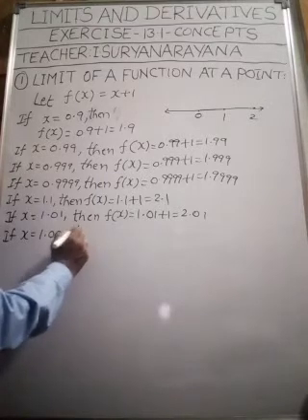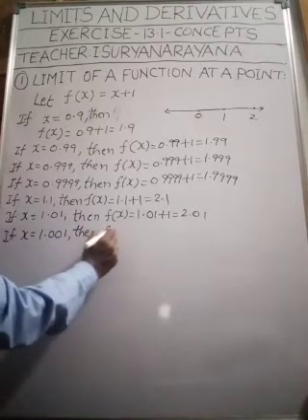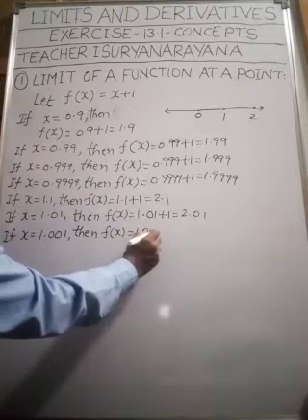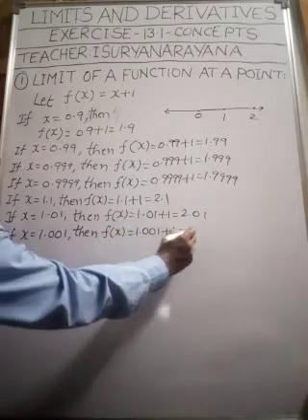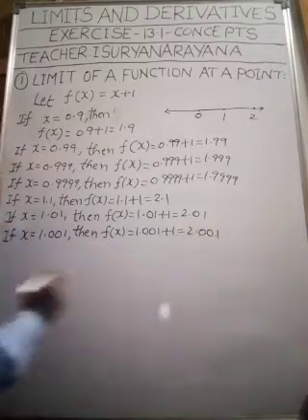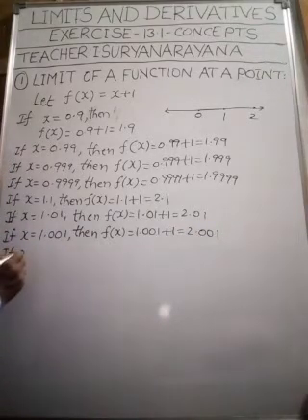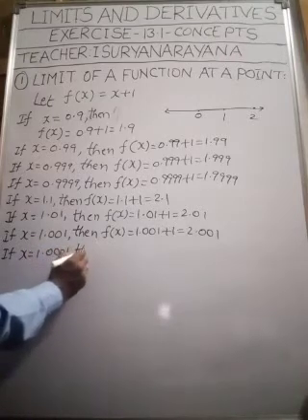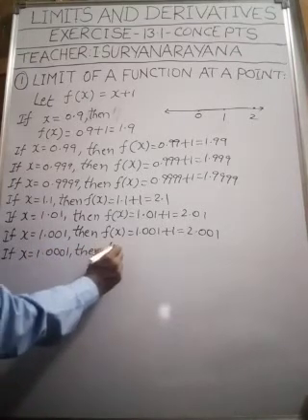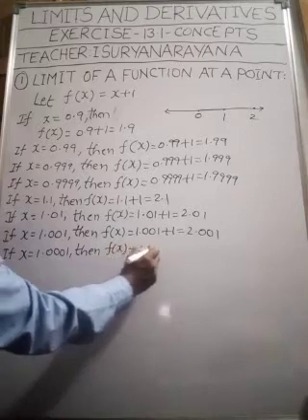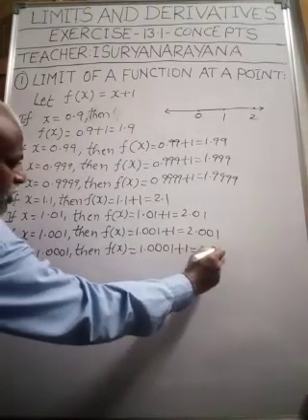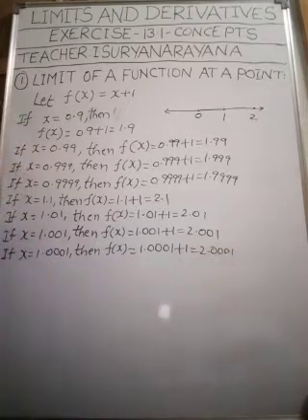If x is equal to 1.001, then f of x is 1.001 plus 1. What will you get? 2.001. If x is equal to 1.0001, then the value of f of x is 1.0001 plus 1. What will you get here? 2.0001.